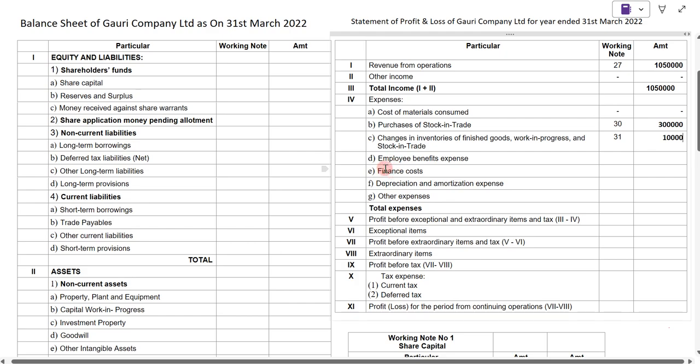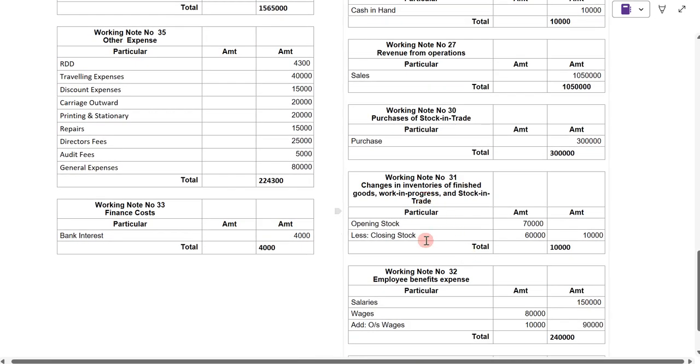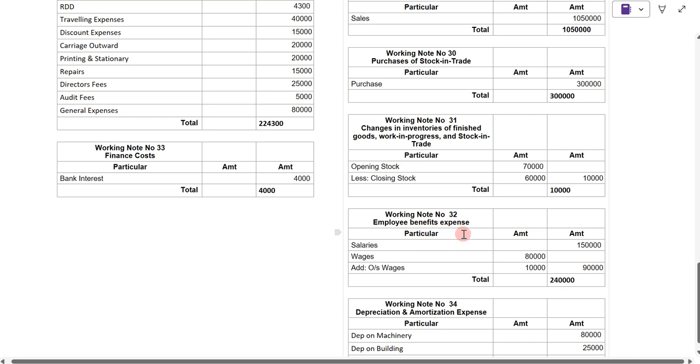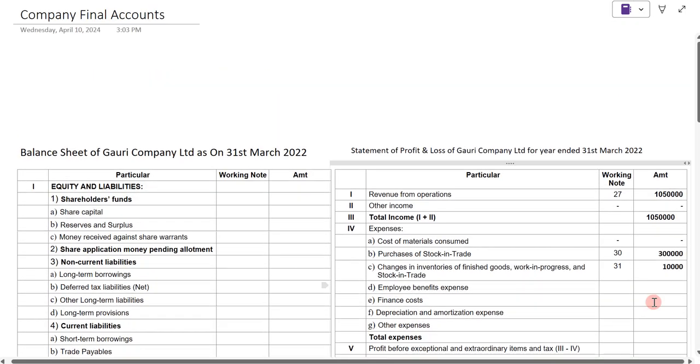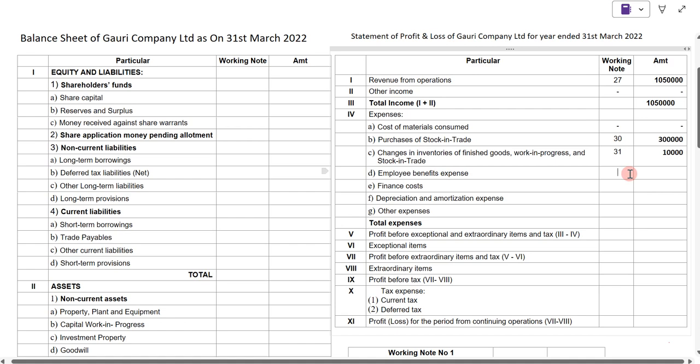Next is employee benefit expenses. We have prepared the working note of employee benefit expenses, note number 32, 2,40,000.